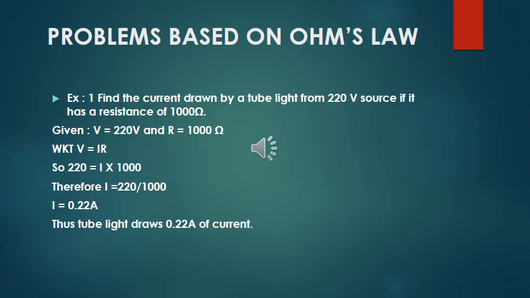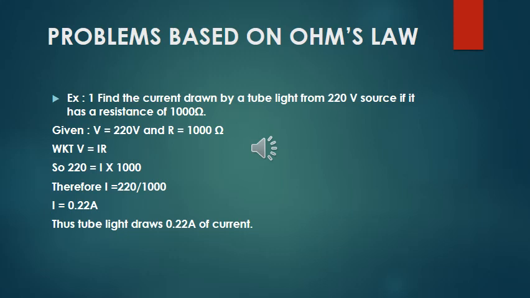In this slide, a problem based on Ohm's law is discussed. Find the current drawn by a tube light from 220 volt source if it has a resistance of 1000 ohm. Given V is 220 volt, resistance of the conductor is 1000 ohm.